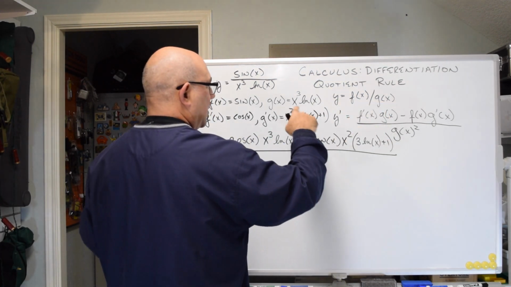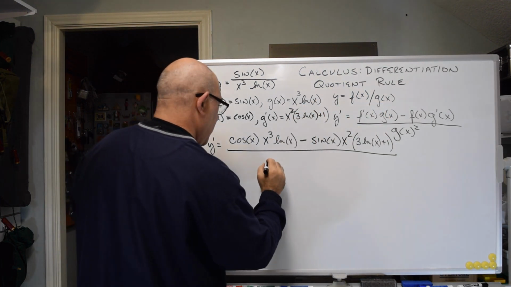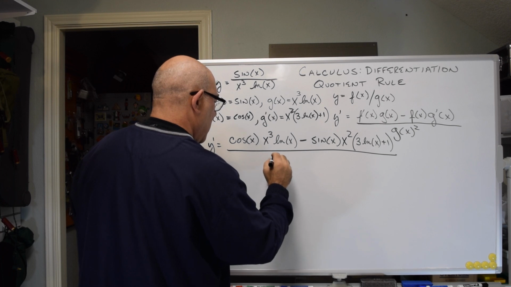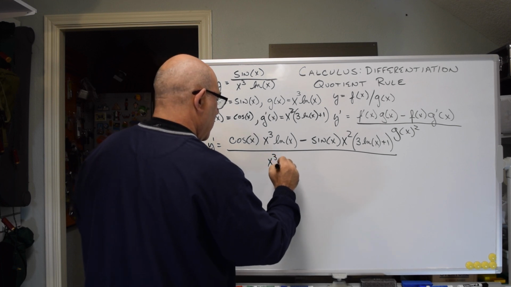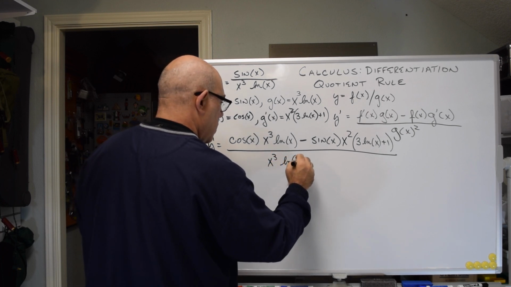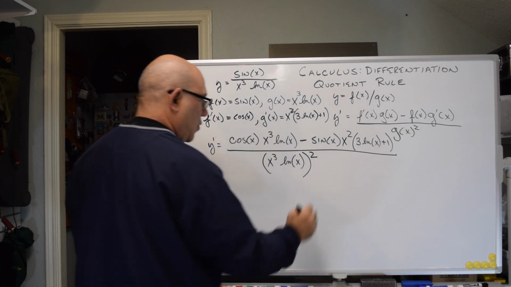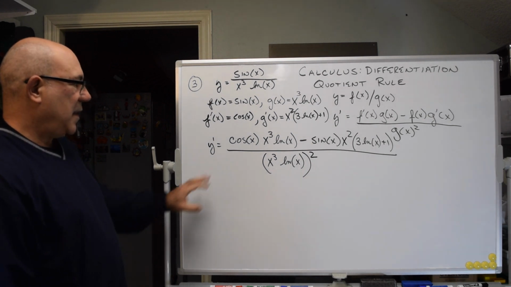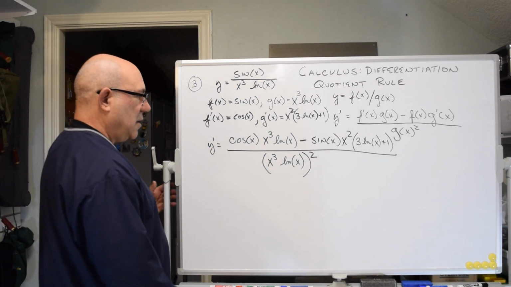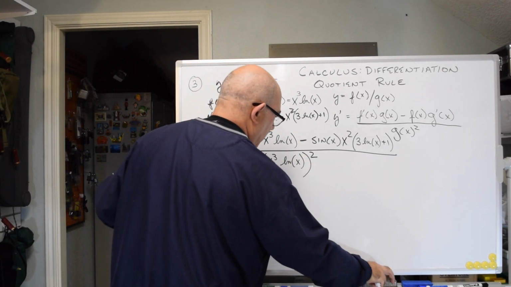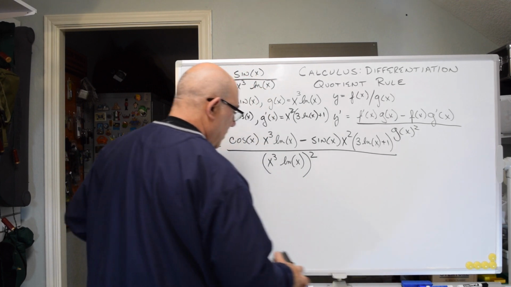the square of g of x, and that's this. So we have x cubed times log of x, all of that squared. So now we need to do some simplification. We can take some shorthand here.